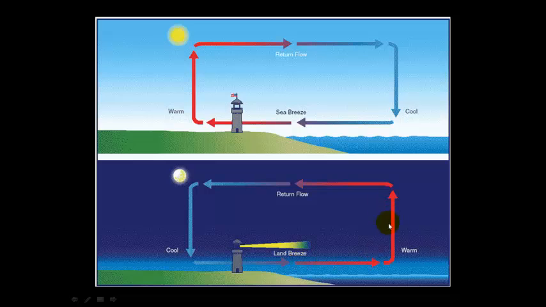So the air above the water actually becomes warmer because it's in contact with the water here. And so this warm air actually comes out of the sea. It's cooled over here because remember, the land over here cools a lot faster because it has a lower specific heat capacity, and then this breeze actually comes back out to the water, setting up this convection current.